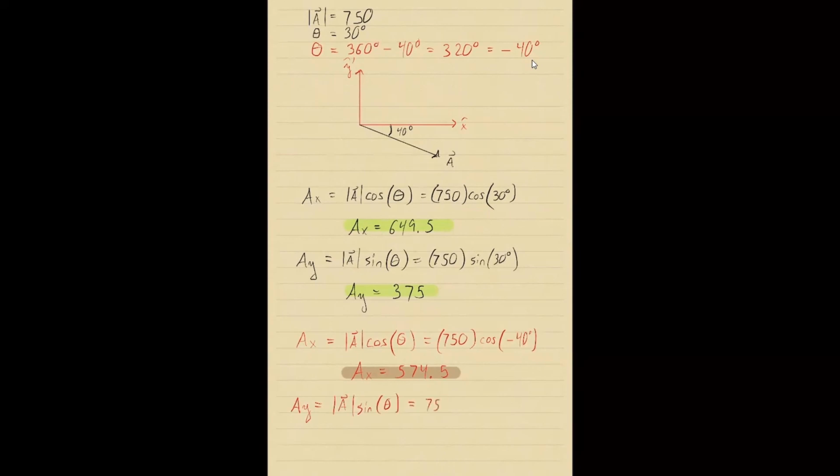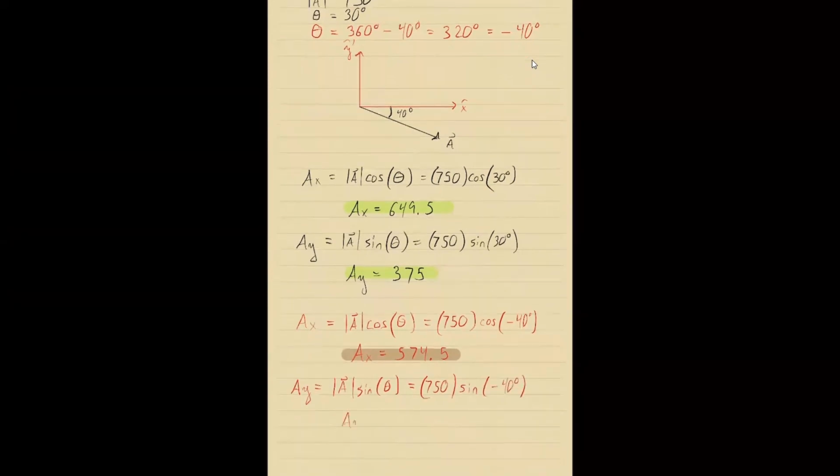So it's 750 times sine of minus 40 degrees. And this is going to give us a y component for our vector A in this new coordinate system of, if we punch all this into a calculator, minus 482.1 units.